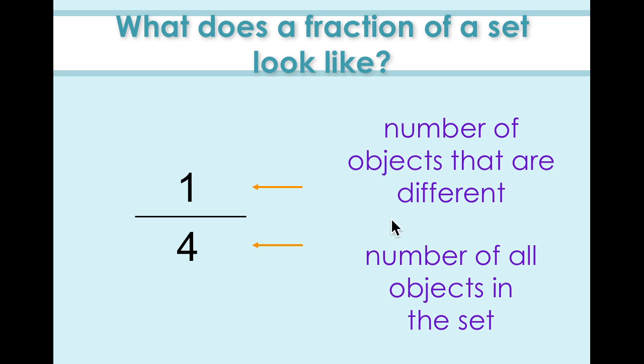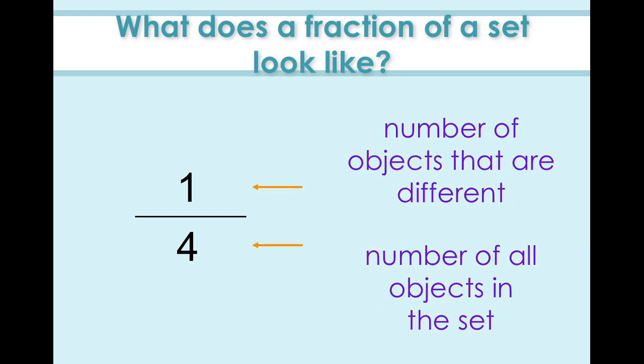Just for your information, in grade 2 and grade 3, you will learn that this number is called numerator and this number is called denominator. So one more time, when we write the fraction, the number on the top is the number of objects that are different, while the number down at the bottom is the number of all objects in the set.